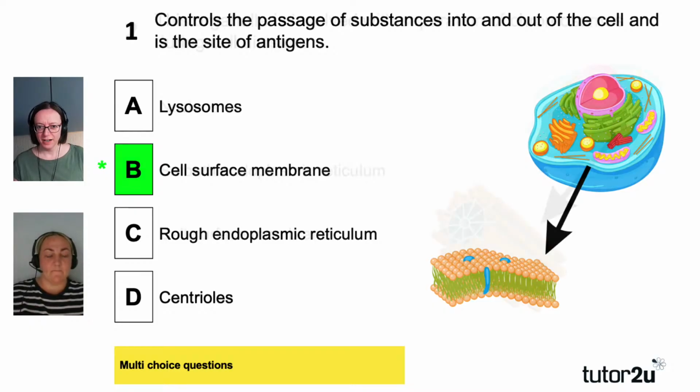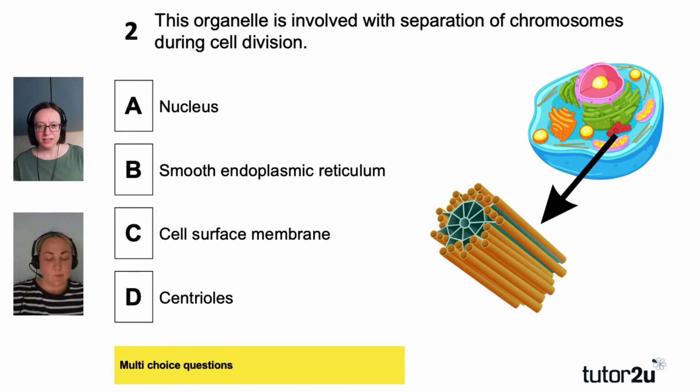Okay, next one. So this organelle is involved with the separation of chromosomes during cell division. Is it A, the nucleus, B, the smooth endoplasmic reticulum, C, the cell surface membrane, or D, centrioles? So Charlotte, is there any of those that you're excluding straight away, that you're like, it's definitely not that?